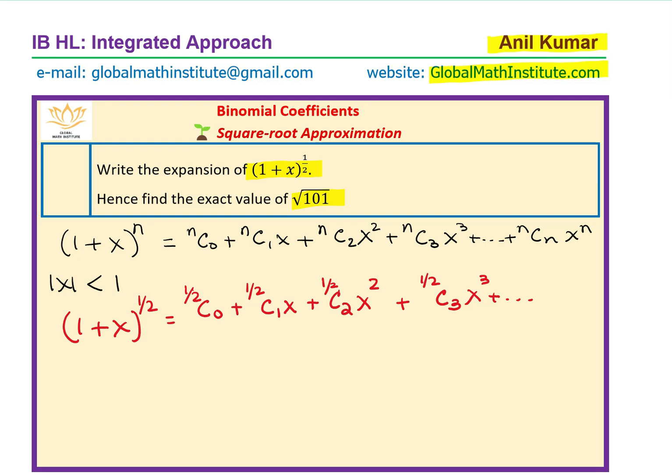Let's expand this to figure out what it actually is. Half C0 is 1, right?